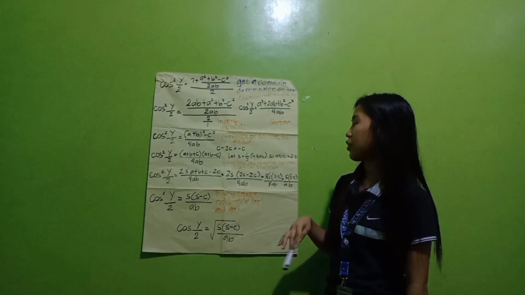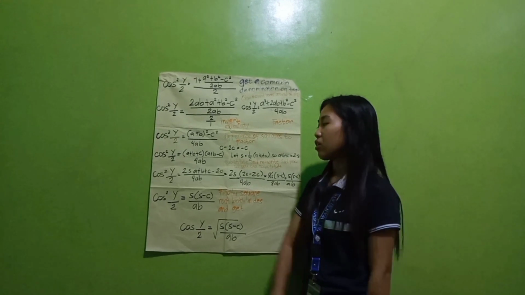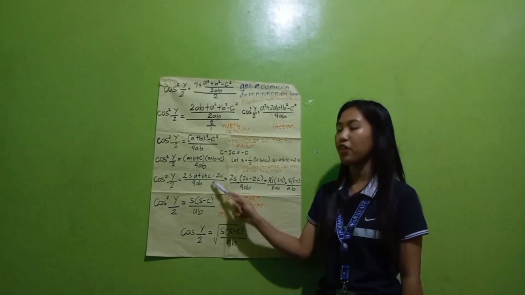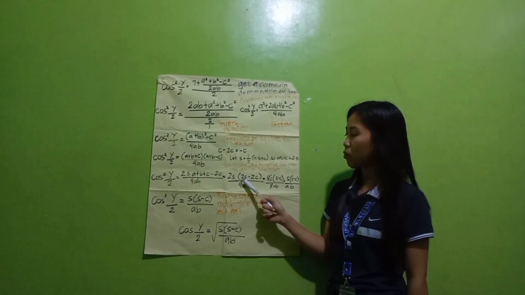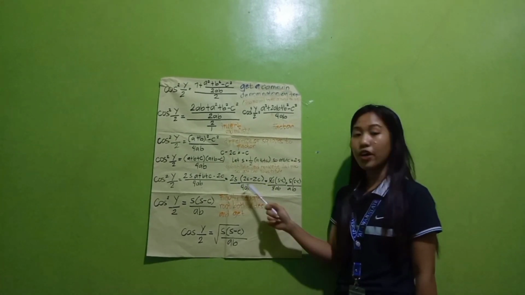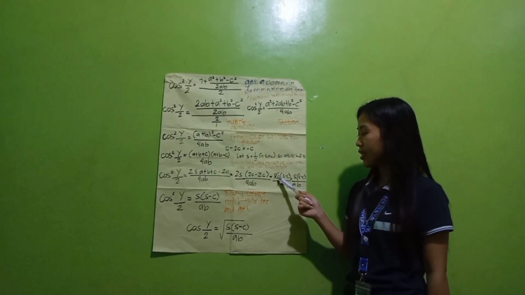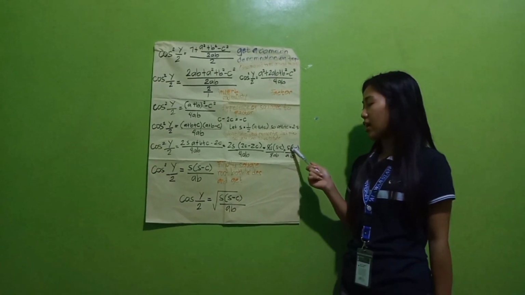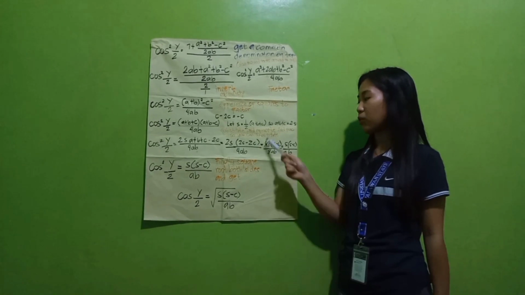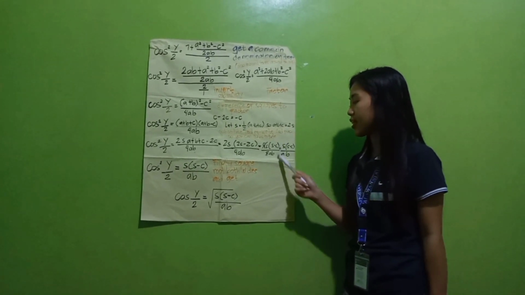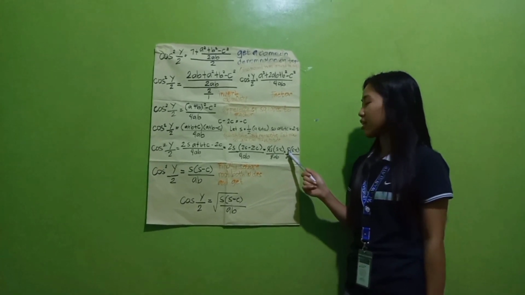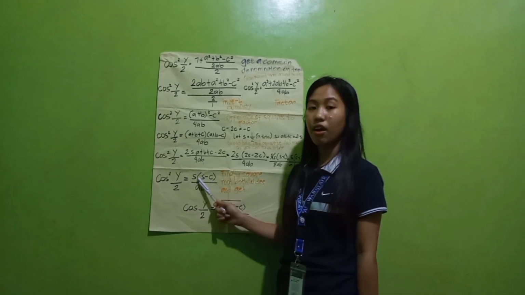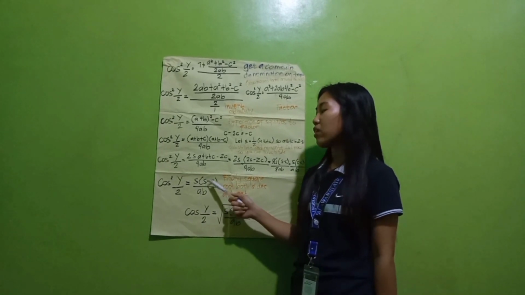Let's substitute and rewrite the second factor. Cosine squared gamma over 2 is equal to 2s times (a plus b plus c minus 2c) over 4ab, which is 2s times (2s minus 2c) over 4ab, which is equal to 4s times the quantity (s minus c), over 4ab. We divide by 4ab to cancel the 4, so cosine squared gamma over 2 is equal to s times (s minus c) over ab.